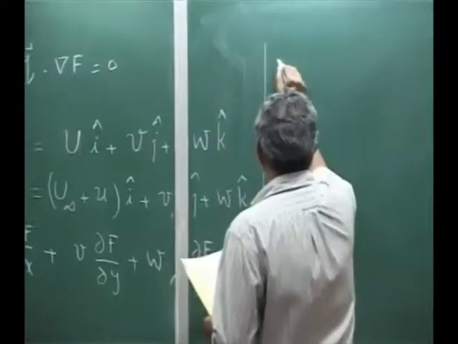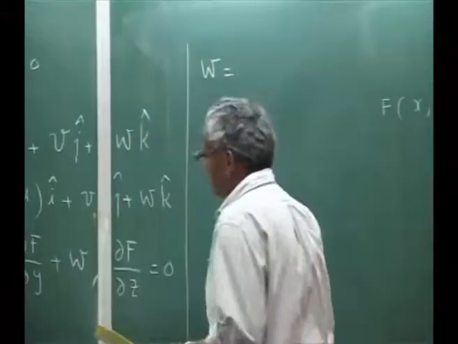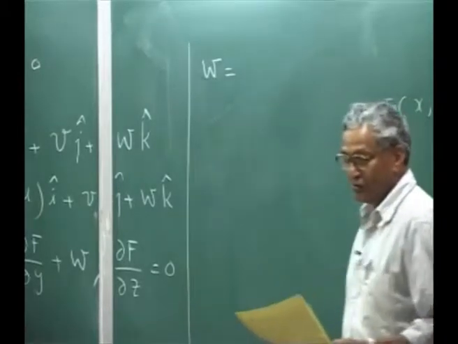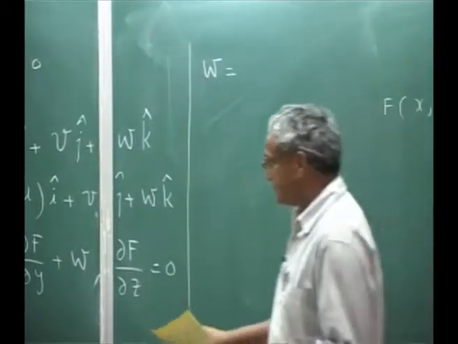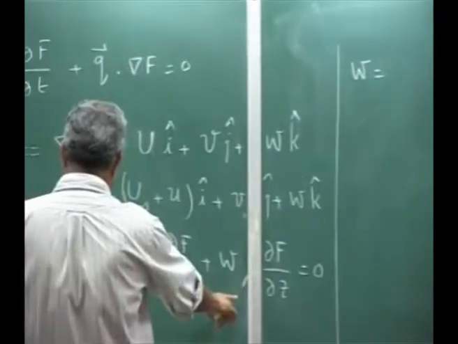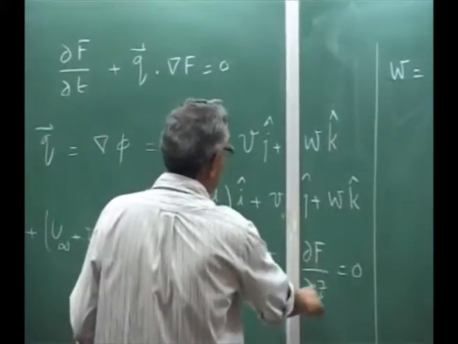It will become like this, w, which is the flow velocity, is going to become this, you will take it as delta f by delta z.